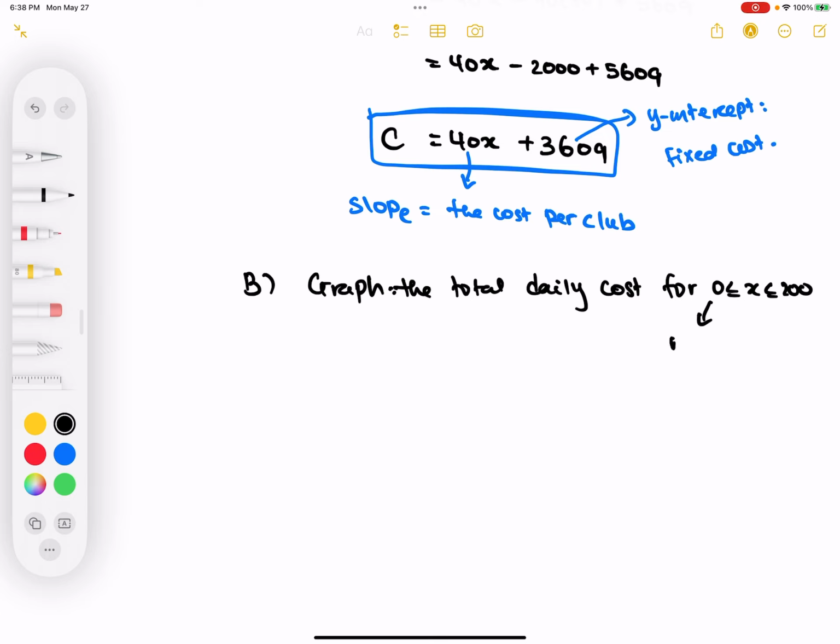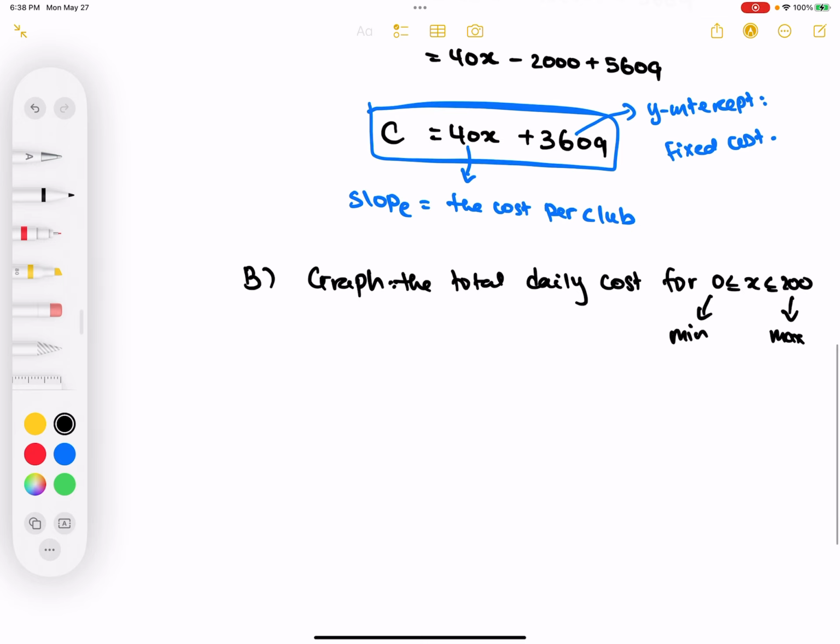That means this is the minimum value, this is the maximum value, this is the window. Now in order to plot, we need to have 2 points, right? So what is the y-intercept or the fixed cost when x is 0?